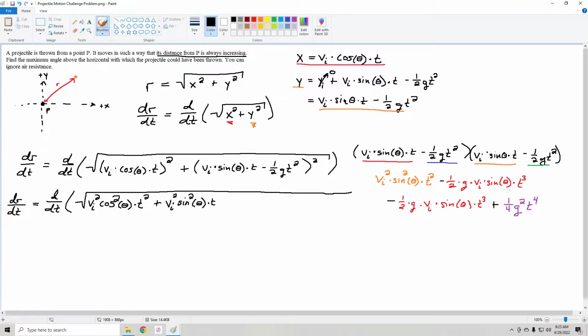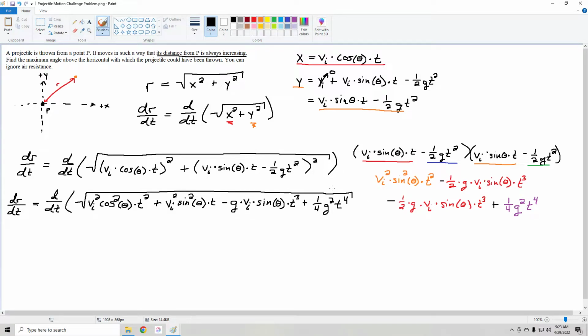Minus a half of everything in red over here, minus a half of the same thing. Well, negative a half minus another half is just negative of that quantity, so we'll end up with minus g times the initial velocity times sine of theta times t cubed, and then we add on that remaining portion in purple, plus 1/4 g squared t to the 4th.